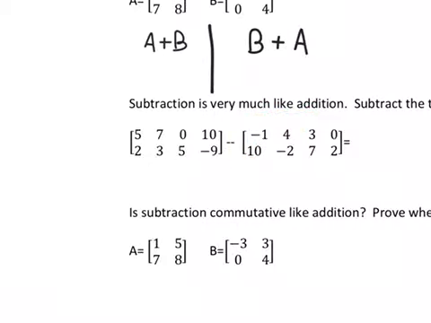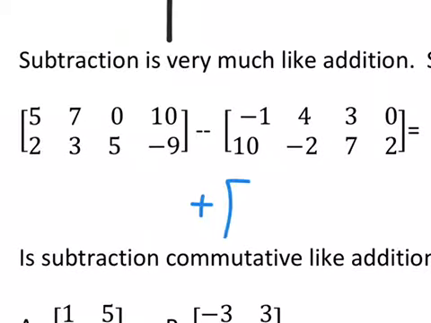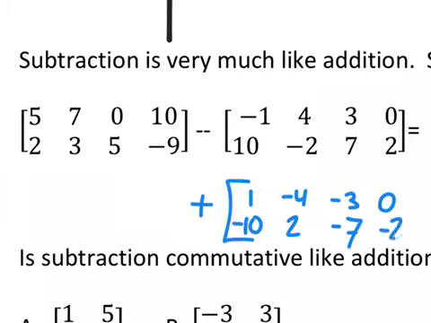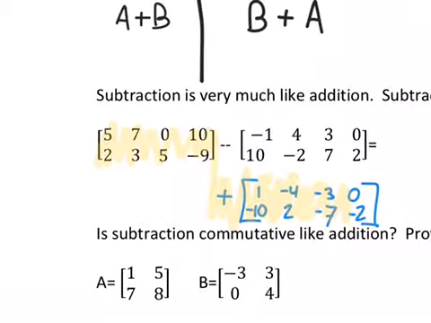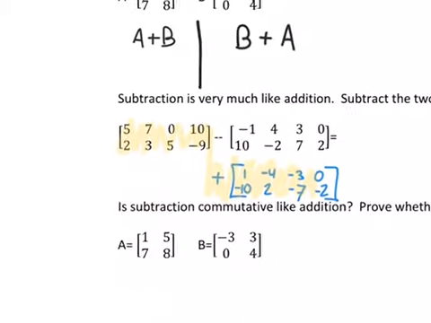One option would be to rewrite it as adding after you distribute the negative into all of them, so that all of them have changed signs. Notice how I'm just going through and changing all of the signs. Once you do that, you could take this matrix added with that matrix because I already took care of distributing the negative.